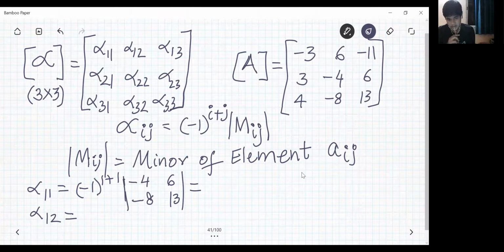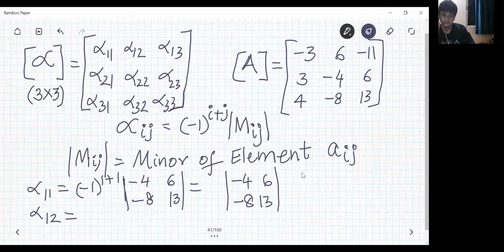But if i plus j becomes an odd number like 3, 5, 7, 9, 11, then it gives a minus sign. Then only we write the minus sign. Otherwise, plus we don't have to write. So it becomes minus 4, 6, minus 8, and 13.